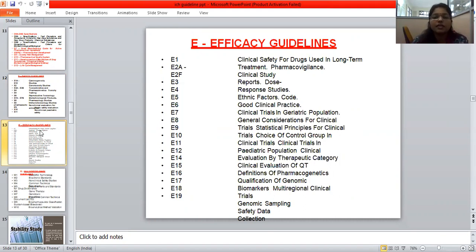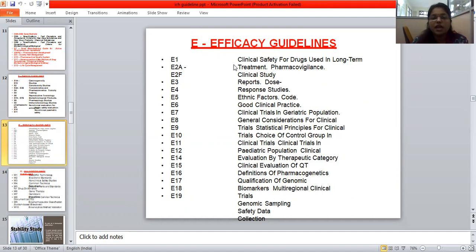For the efficacy guidelines, we have the clinical safety for drugs used in long term. For the efficacy guideline, we can check whether the product we are formulating is efficacious or not. So we can go for the clinical safety for the drug used in long term, and we can check their clinical safety by referring to the E1 guideline.